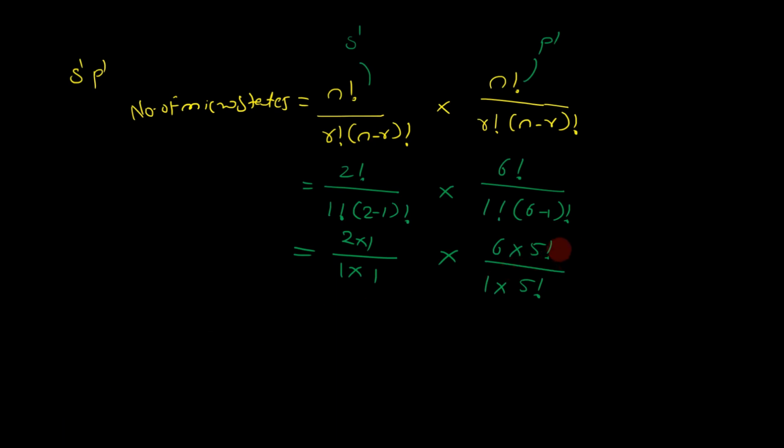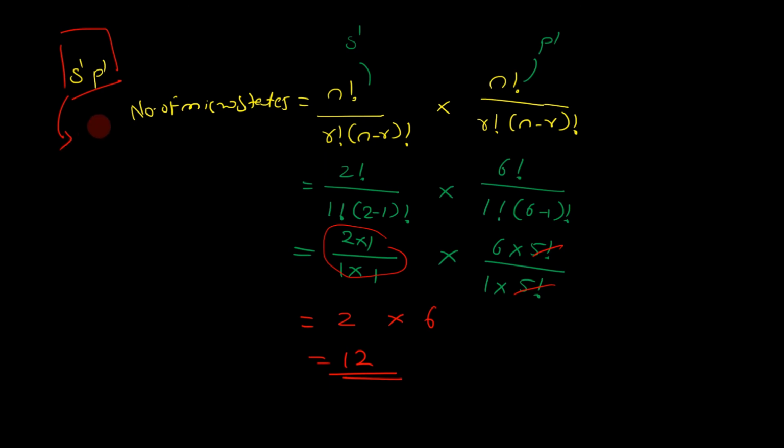Now, as you can see, the 5 factorial cancels. So we get 2 multiplied by 6. 2 into 6 is 12. So the number of macrostates for S1 and P1 is 12.